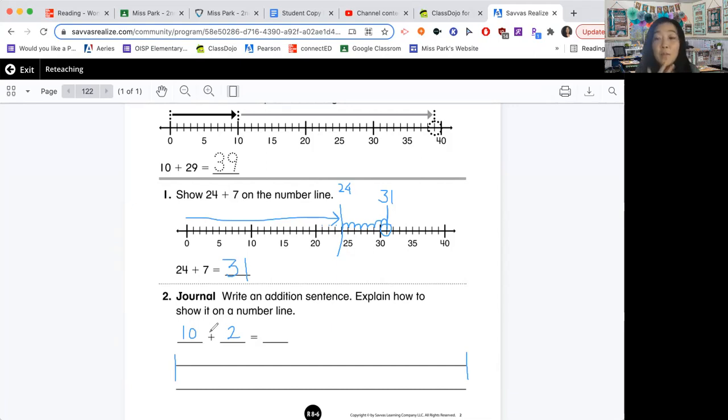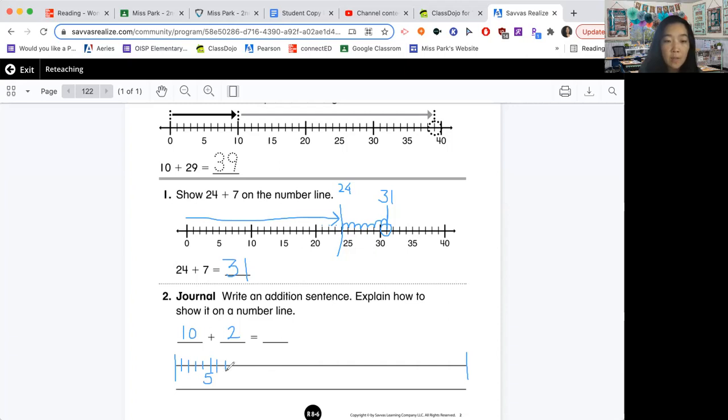Well, I am explaining it verbally, but I'm just going to draw it. I'm going to make these little tick marks to get to 10. Ready? So we have 1, 2, 3, 4, then this would be 5. I'm going to write 5 because that's what these other ones do.